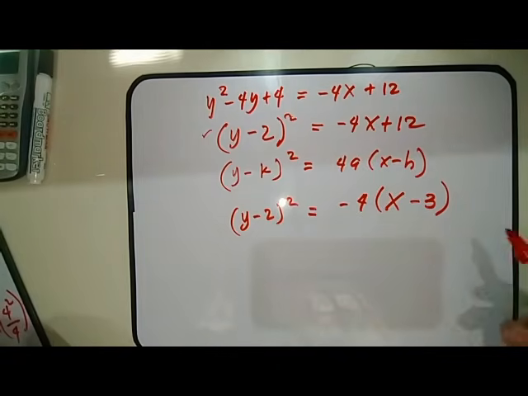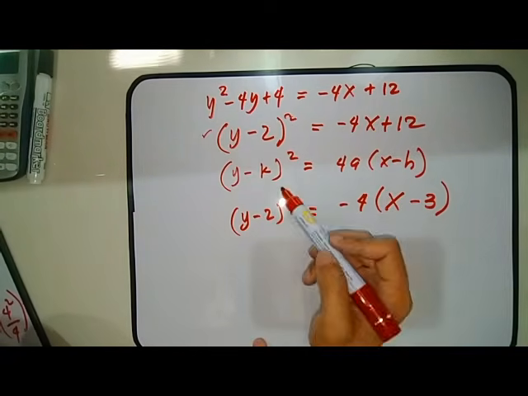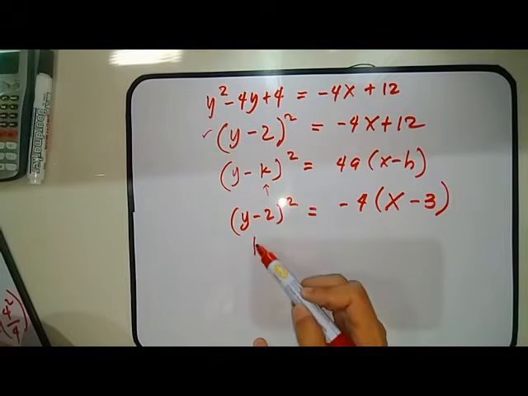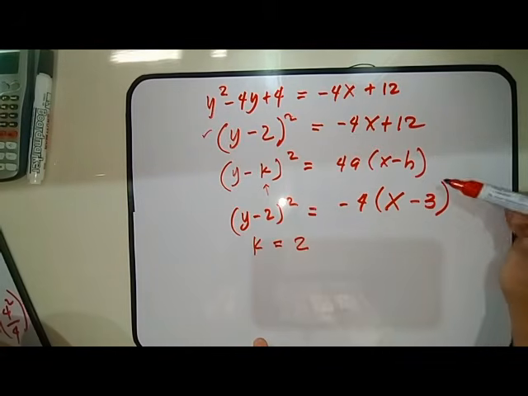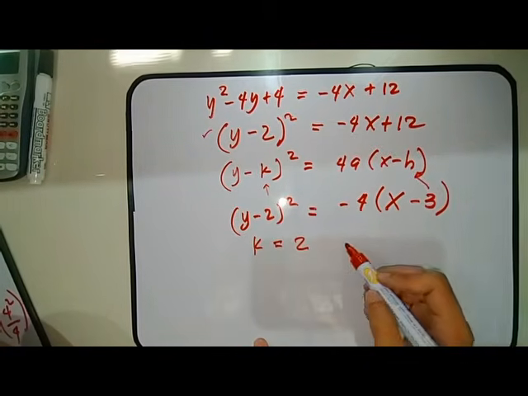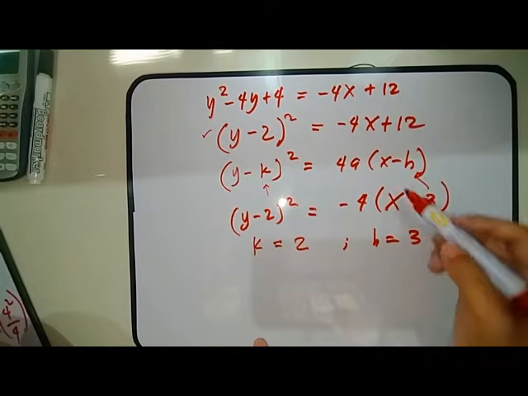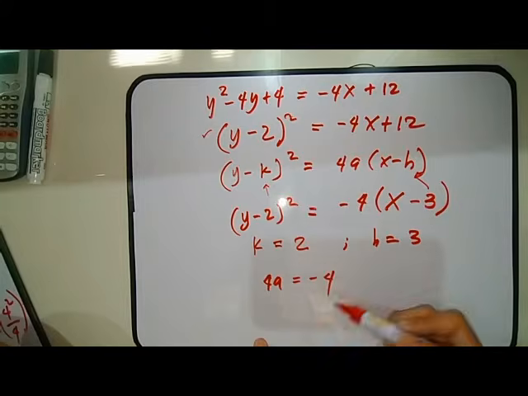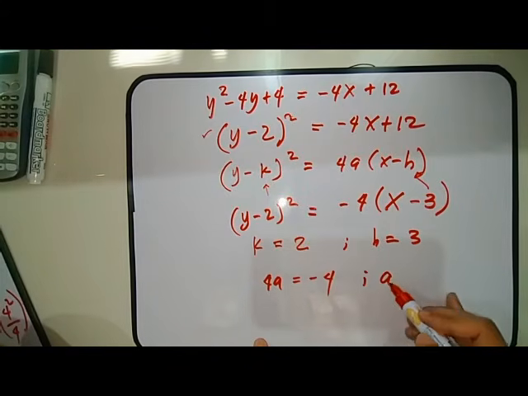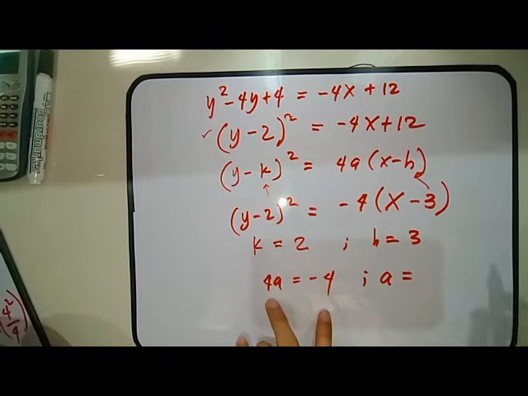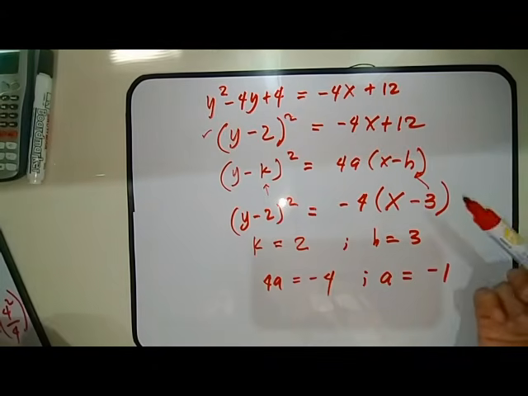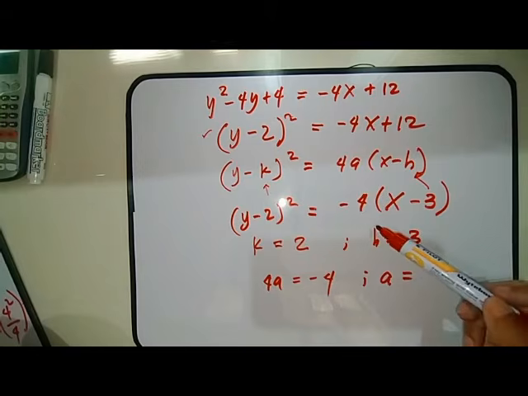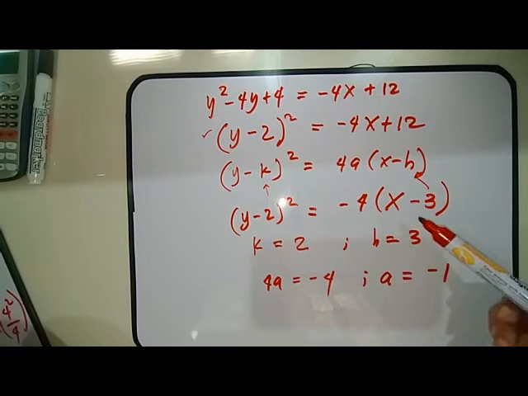So, here, we can say that our k is 2. Then, our h is 3. And our 4a is negative 4. So, our a is equal to negative 1. So, it means that this figure is opening to the left.